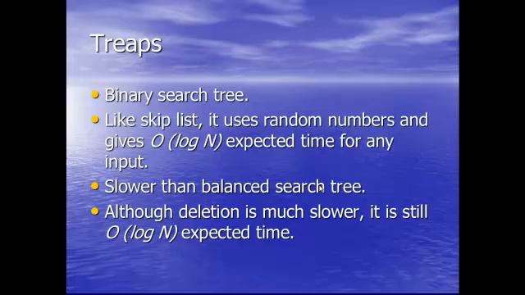While assigning a priority, it is necessary that the heap order priority should be maintained. That is, a node's priority should be at least as large as its parent's. A treap is both a binary search tree with respect to node elements and a heap with respect to the node priorities.